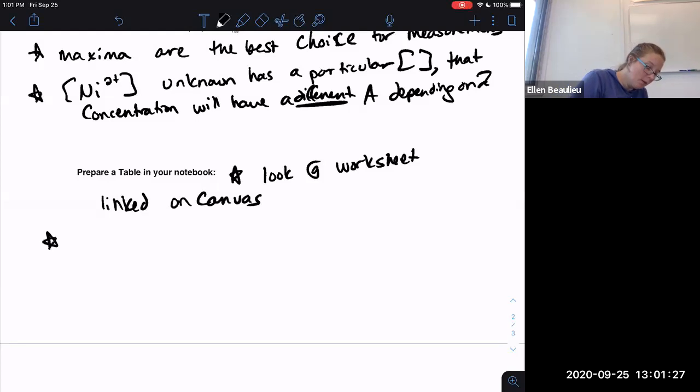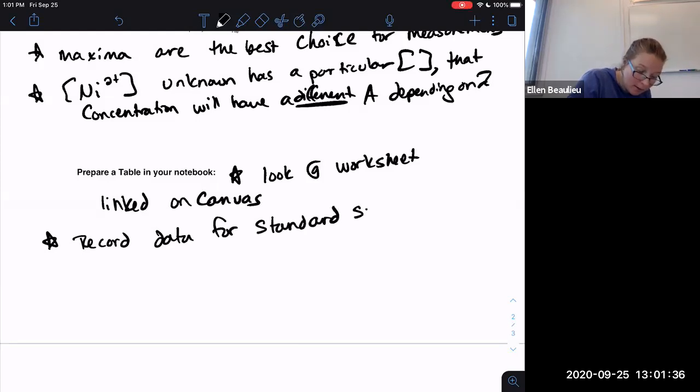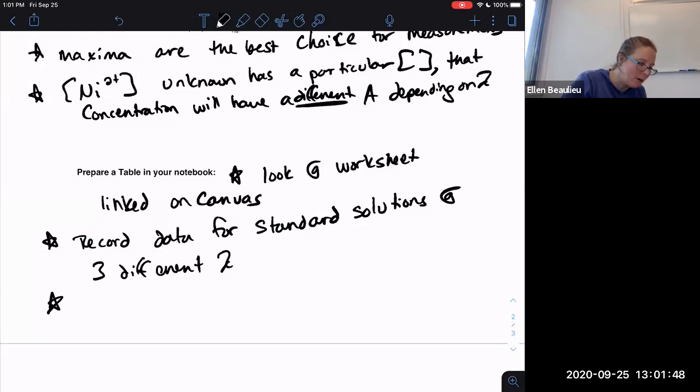But you're going to record data for standard solutions, solutions that we know the concentrations of, at 3 different wavelengths. And you're going to use those to build a calibration curve. You're also going to record your unknown absorbance at each wavelength.